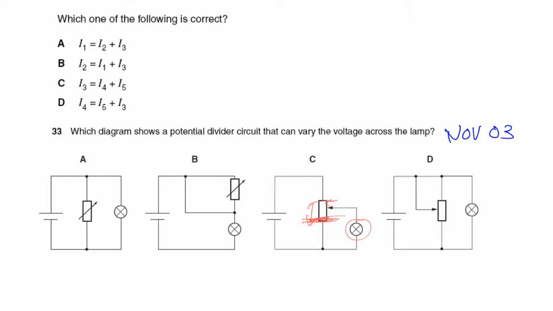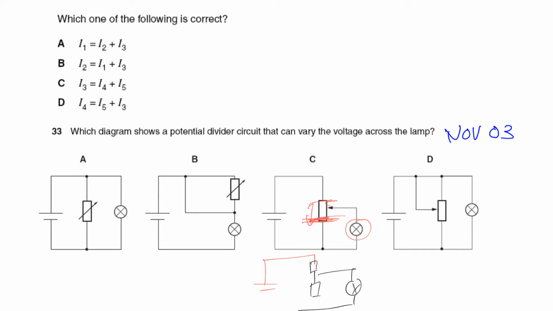You understand? If you can't imagine, I can draw it for you again. You take the first part before the slider as a resistor. Then the second part after the slider, you take as another resistor. And then you connect a lamp.